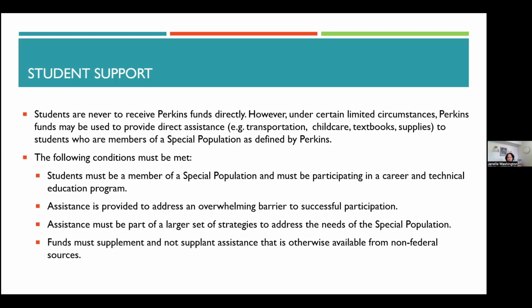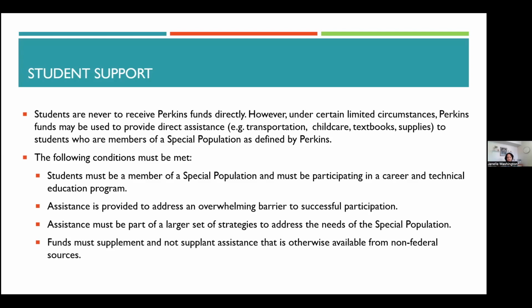And we'll talk about some things that are not allowable. But the following conditions have to be met. The student must be a member of a special population and be participating in CTE. And then the assistance is going to be able to provide or address an overwhelming barrier that is impeding that student's success or participation.